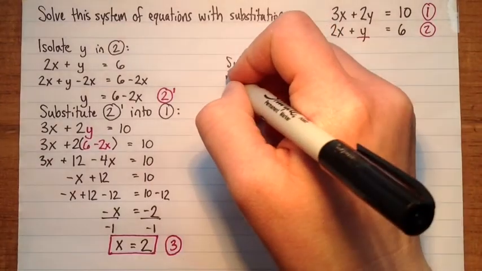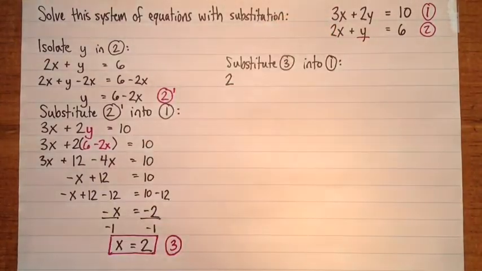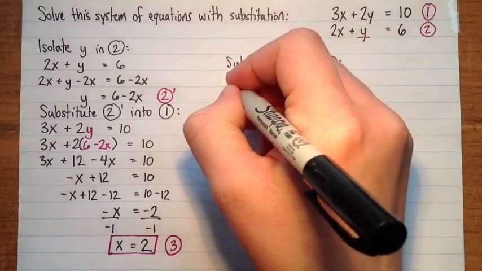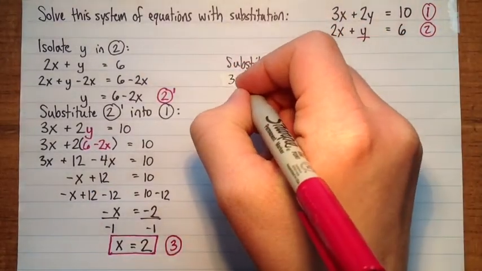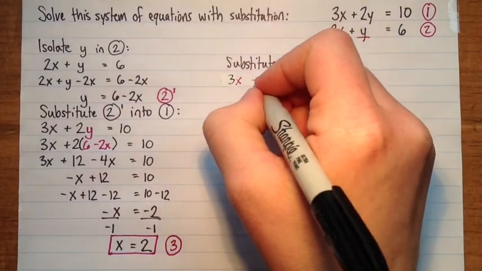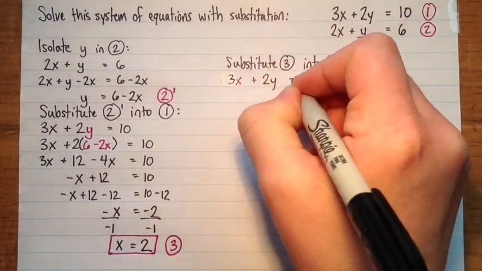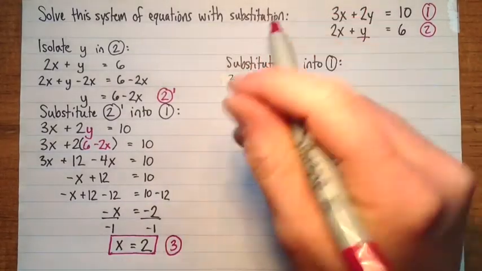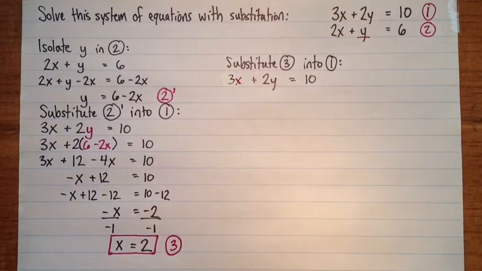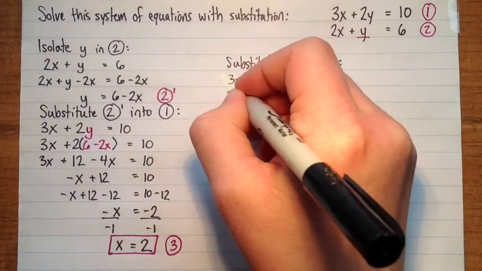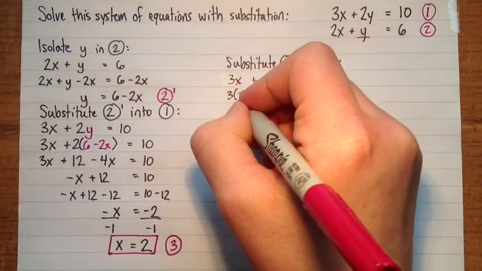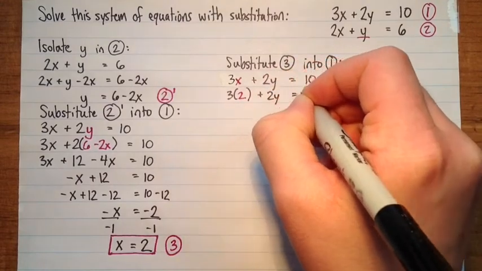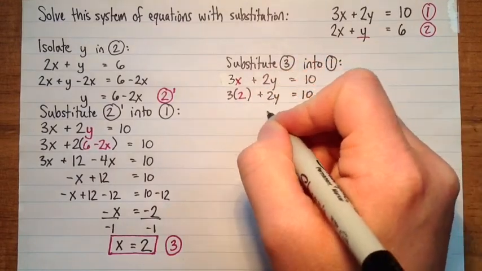So equation 1 was 3x plus 2y equals 10. And so I'm just going to replace my x with 2. So I have 3 times 2 plus 2y is 10. So 6 plus 2y is 10.